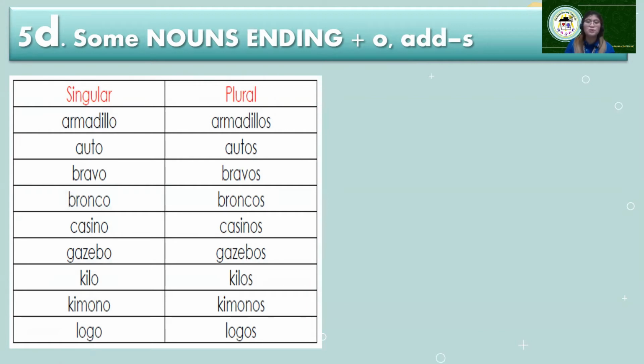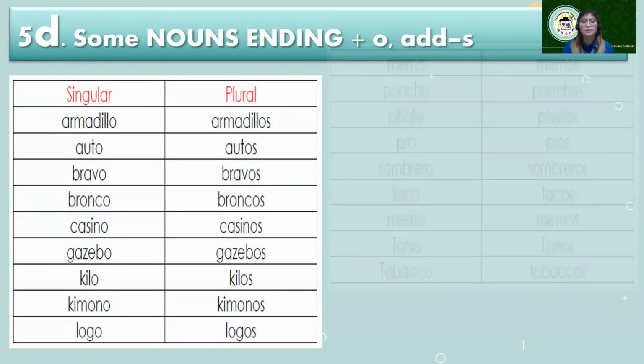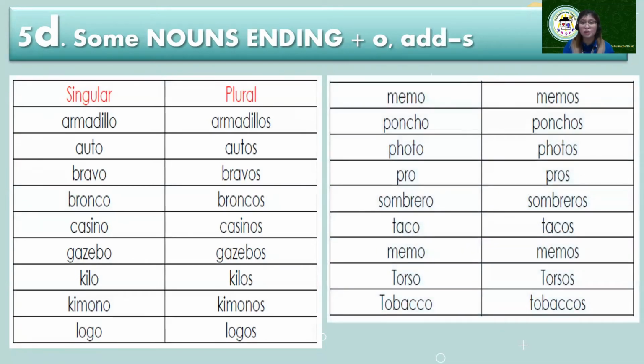Next, logo. So if you have logos for the game that you're playing, that is a logo. Memo is a letter. So you don't say memoes, but it's rather memos. Poncho, photos like pictures, pro like professionals, sombrero, taco, torso, and tobacco.